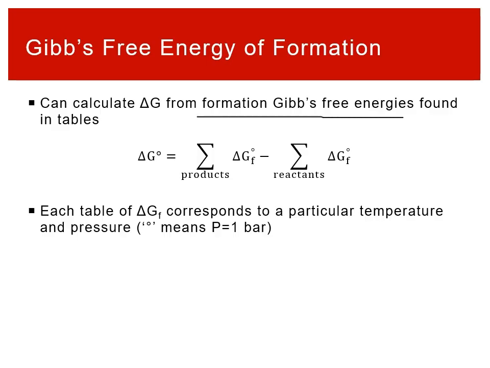These are very similar to the formation enthalpies that we saw, where it'd be the Gibbs free energy for forming it. For an overall reaction, you would sum over products minus sum over reactants. So it's the same idea using tabulated information. And again, it corresponds to a particular temperature, and that little circle corresponds to it being at a pressure of 1 bar.